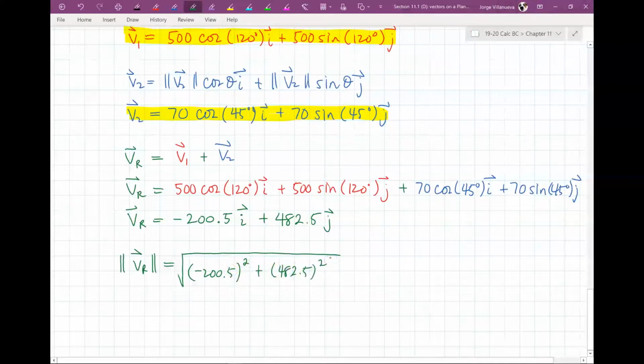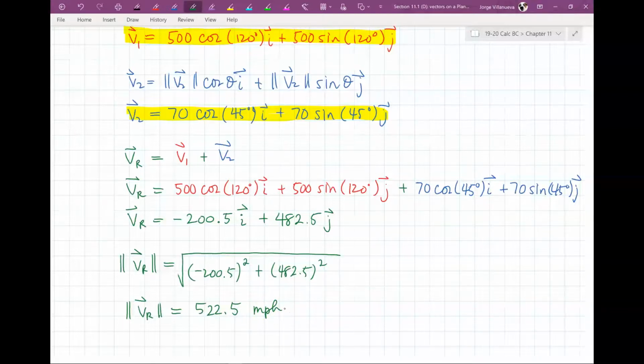Okay, so I got to add those two things together, take the square of each, take the square root of it, and that gives me a magnitude of 522.5. That's miles per hour. So that's not so bad, okay?